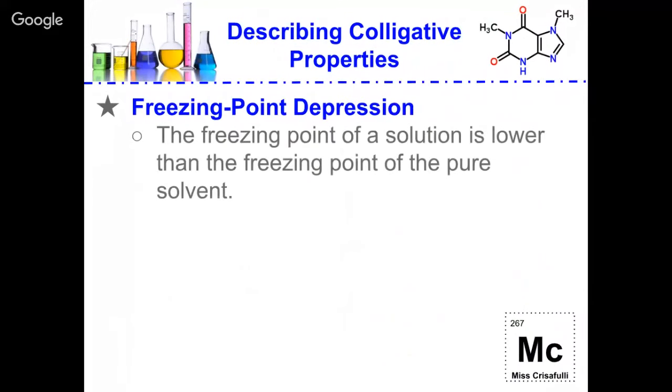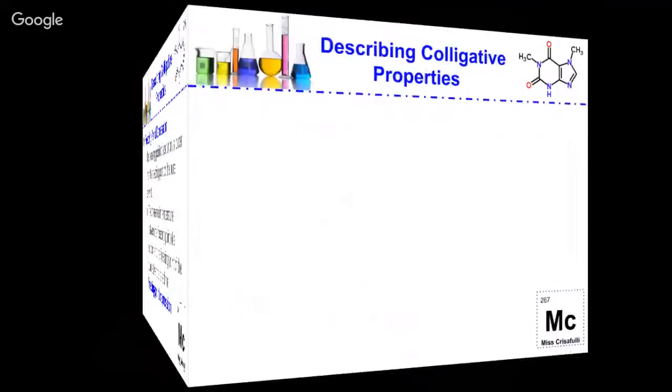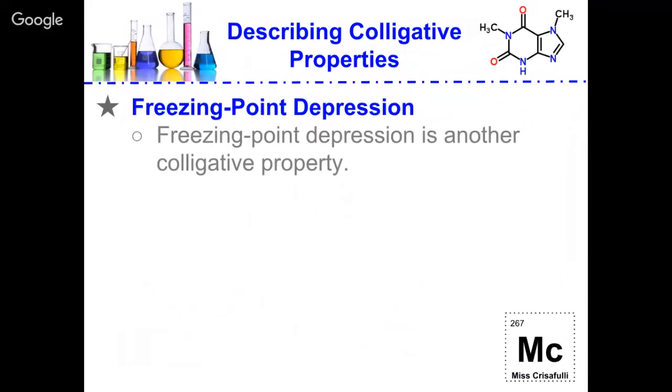So the freezing point of a solution is lower than the freezing point of the pure solvent. The difference in temperature between the freezing point of a solution and the freezing point of the solvent is called the freezing point depression. So freezing point depression is another colligative property.